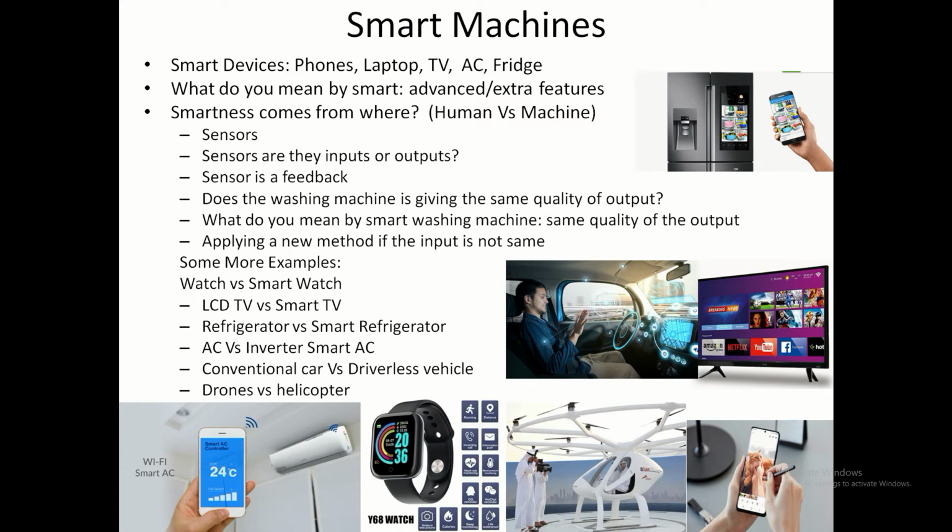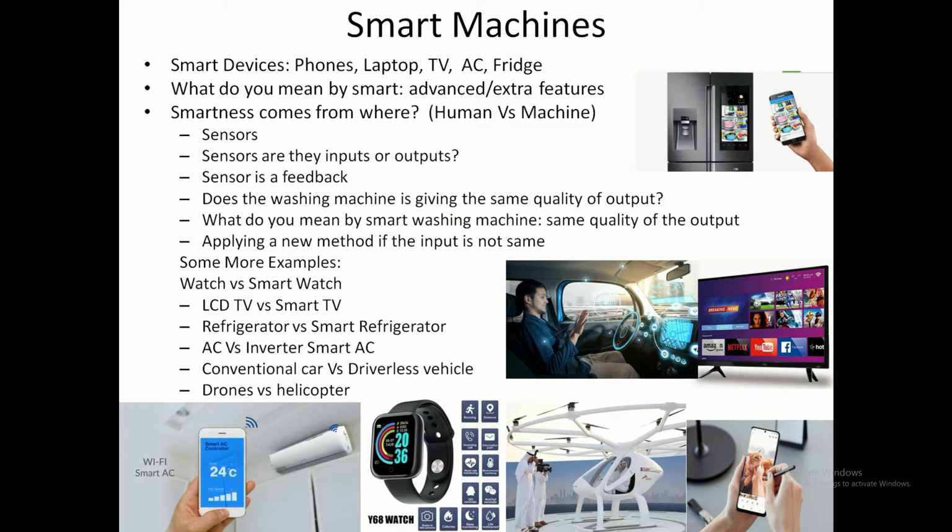That smartness comes because of what? Is it because of the sensors, right? It has the ability to sense. Or is it because of the quality of output? Or is it because of the user friendliness? Okay. So what is that smart? When do you say it is smart?